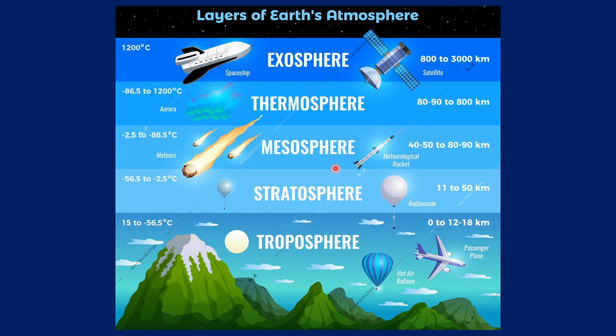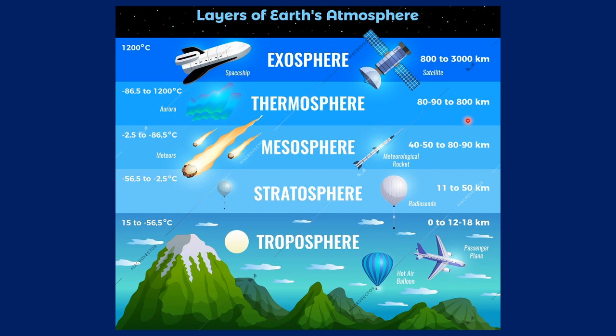Above that is the mesosphere, which ranges from about 40 to 50 kilometers up until about 90 kilometers, where the temperature is in the range of minus 2.5 to minus 86.5 degrees Celsius. After that comes the thermosphere, where the temperature can range between minus 86.5 degrees Celsius to 1200 degrees Celsius, above 90 to about 800 kilometers.